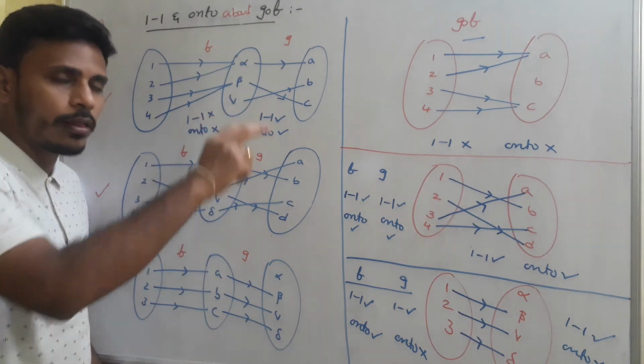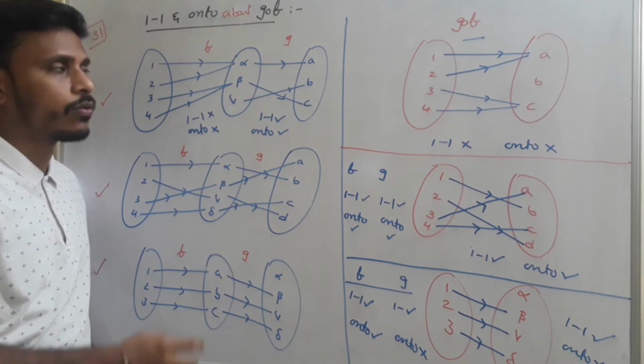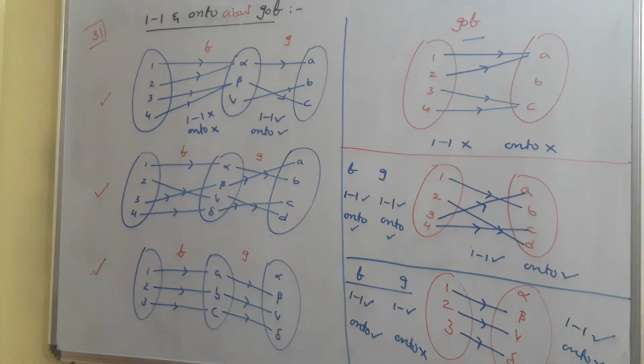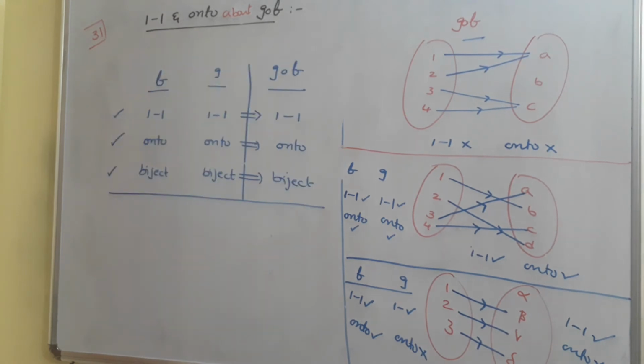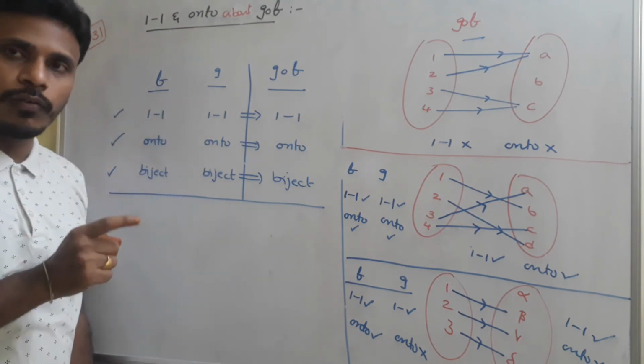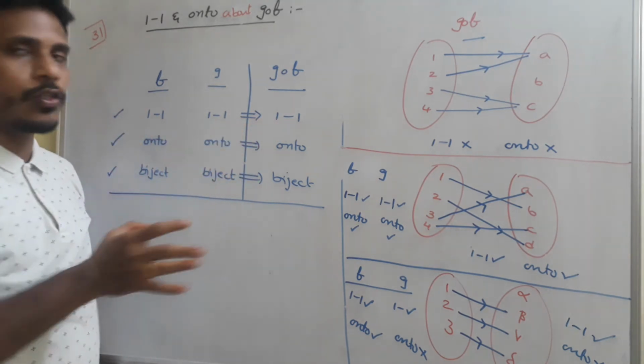I will give you all those different conclusions now. Just have a look. So with different examples as we discussed on the board, at the end we have different conclusions. If both the functions F and G are 1-1, then for sure G circle F is 1-1.